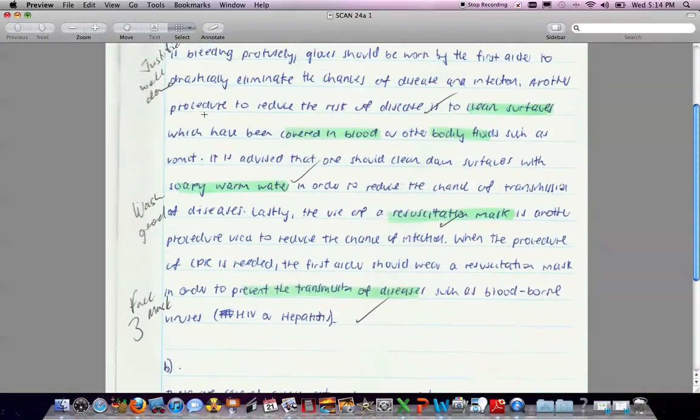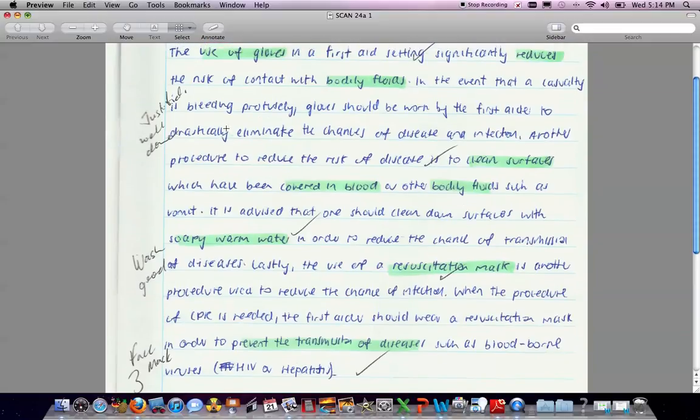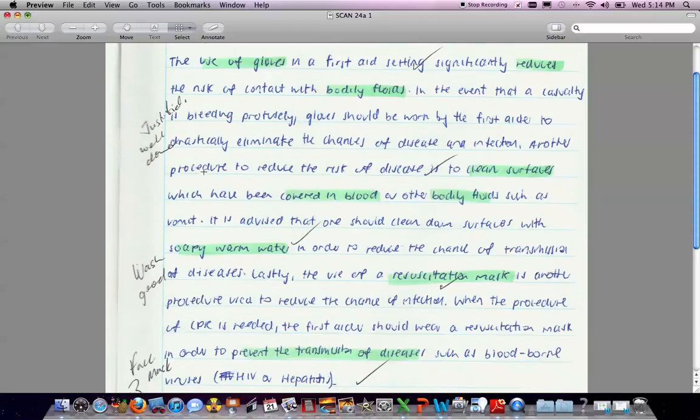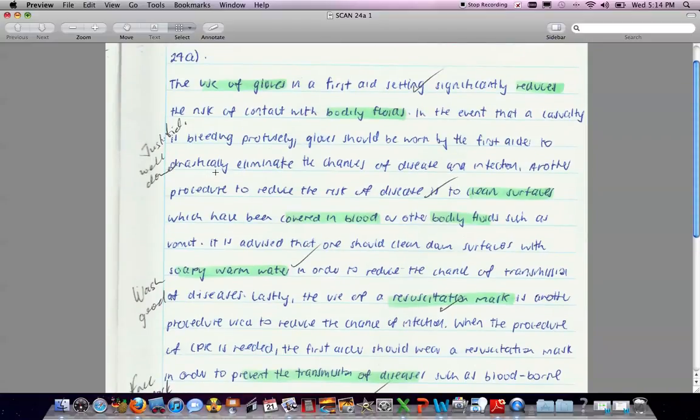There are a few elements that we needed to incorporate. Gloves needed to be in your answer, which most people were able to refer to. The use of a face mask in using CPR was another thing. One that was missed by quite a few people was washing of hands, before and after, and then the control of the contaminated fluids.